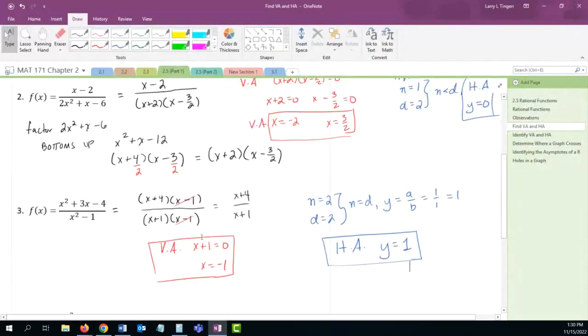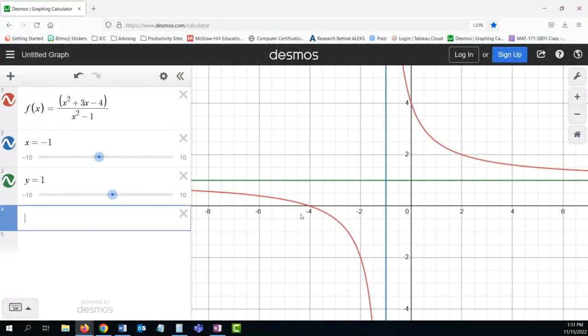Now, in the notes, we said there's going to be a hole when x minus 1 equals 0, and it comes from this division right here. So that is when x is 1. When x is 1, I'm supposed to have a hole. Do I have that on my graph? Well, let's find out. When x is 1, what is f of x? It's undefined.